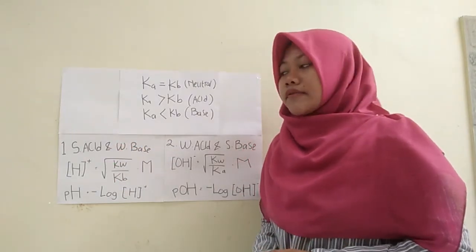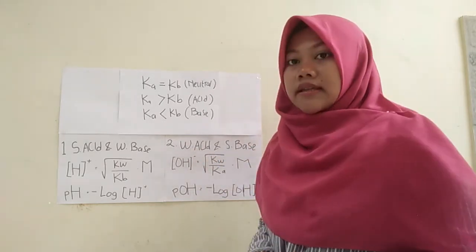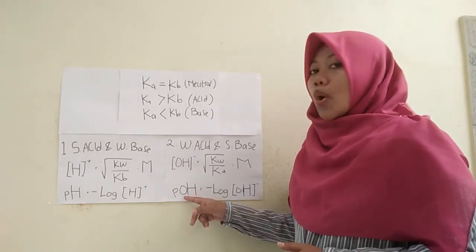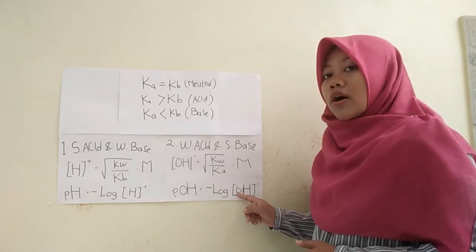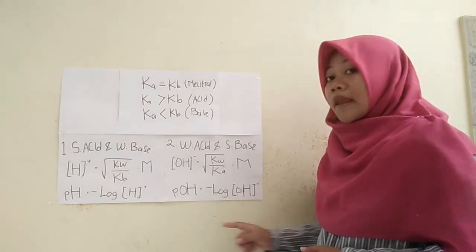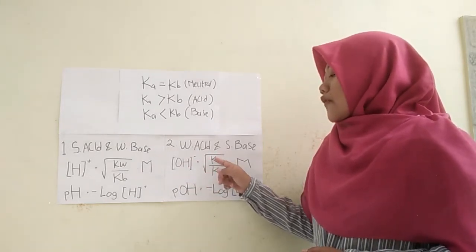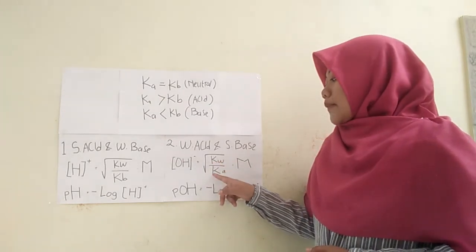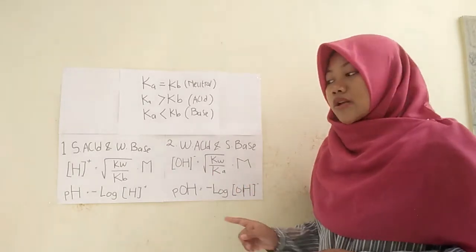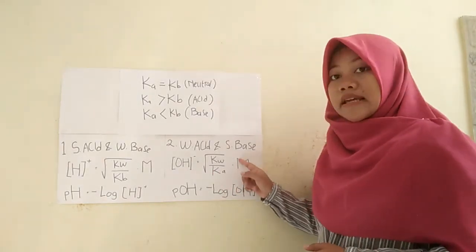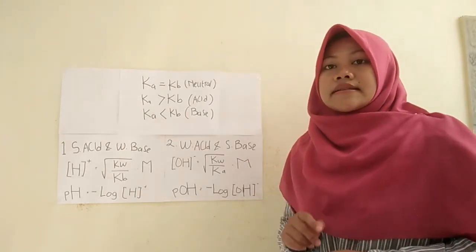And if the salt is from weak acid and strong base, we can calculate pOH equals minus log concentration of OH minus, and OH minus we can find from the root of Kw divided by Ka multiplied by M. Here M is the concentration of salt.